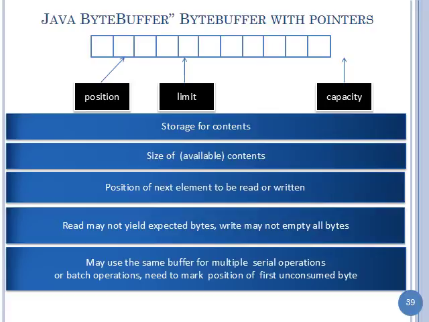So we also have a mark. That's sort of the first unconsumed position. If the application wants to consume from the buffer, but the system knows that it's still waiting on 10 more bytes, would it block?